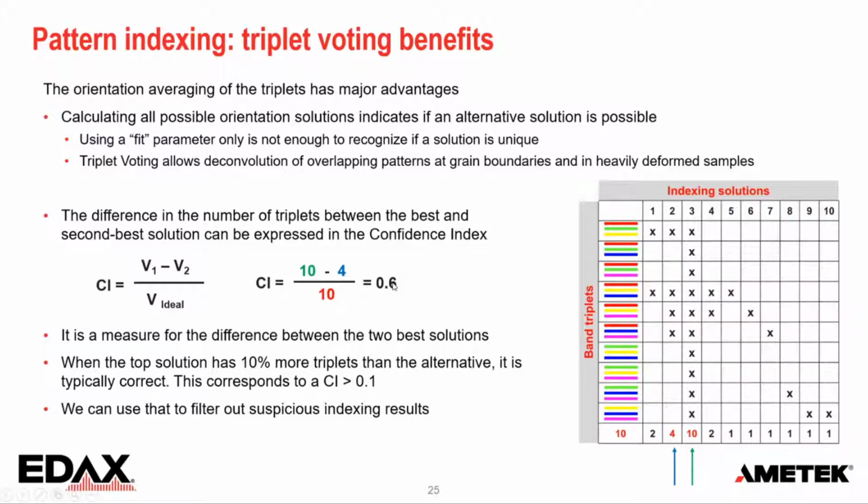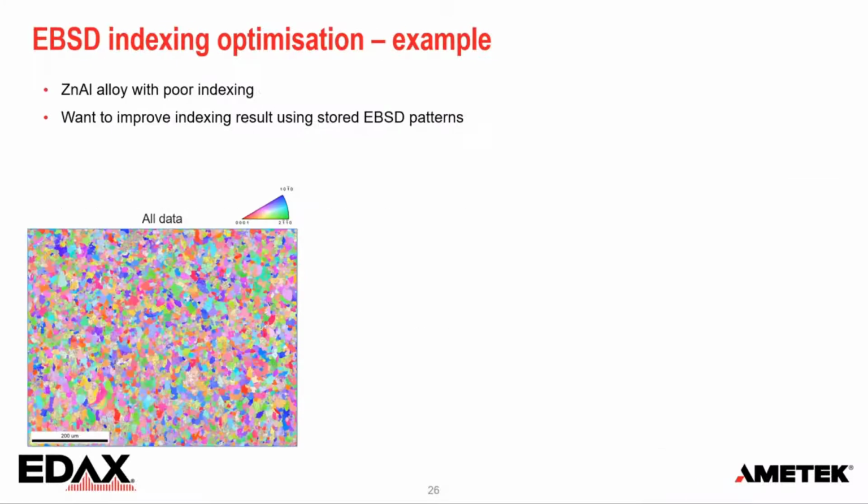Now, when the best solution has 10% more triplets than the second best, it's typically correct. And that's the threshold that we typically use, a confidence index larger than 0.1. That's something that we use afterwards to filter out not necessarily bad indexing only, but also suspicious indexing that may not be obvious at first glance.